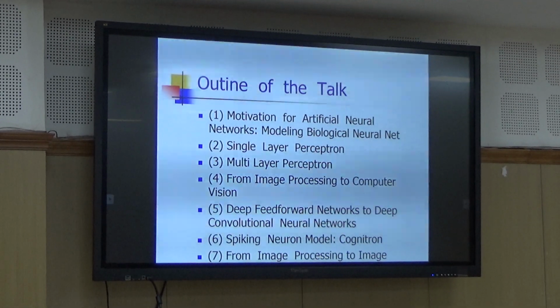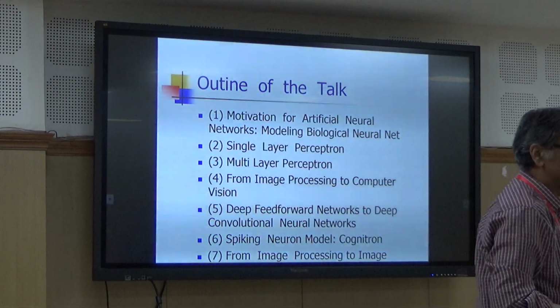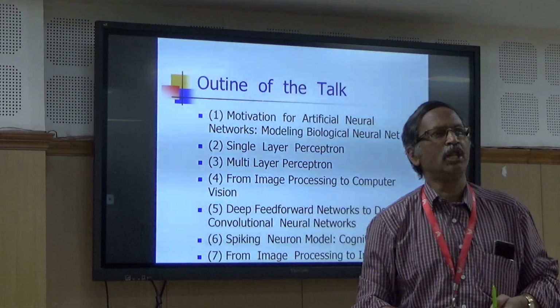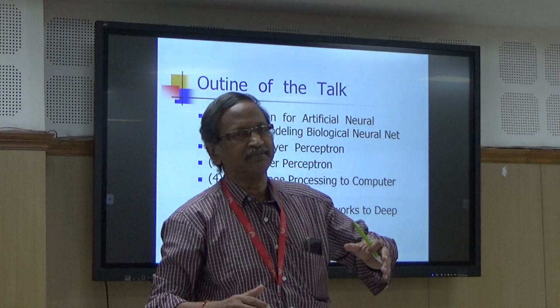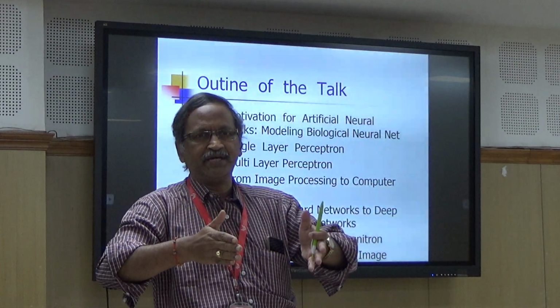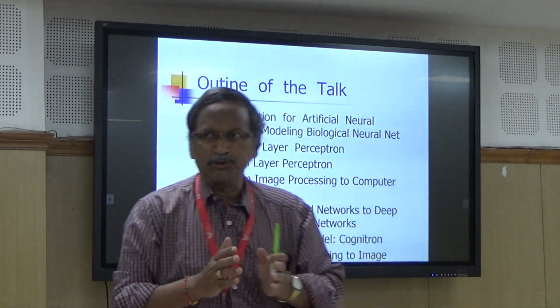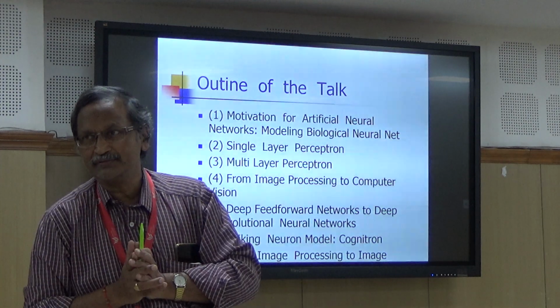Then, how did convolutional neural networks, how did the word deep learning versus shallow learning come about? I am going ahead of my time. The number of hidden layers used to be 1 or 2. People slowly increased to 3 or 4.